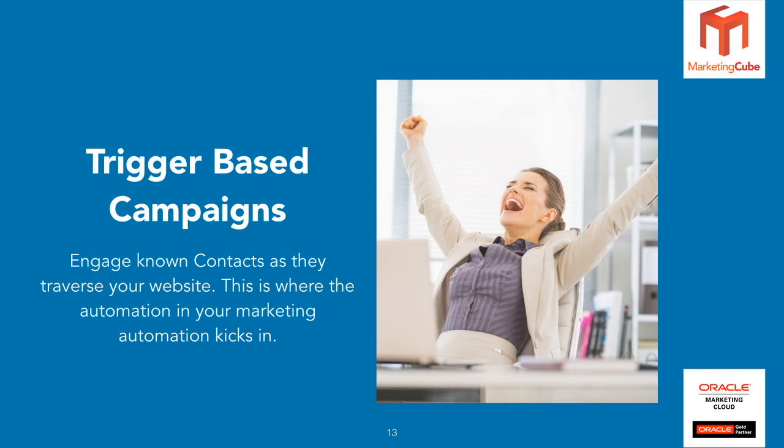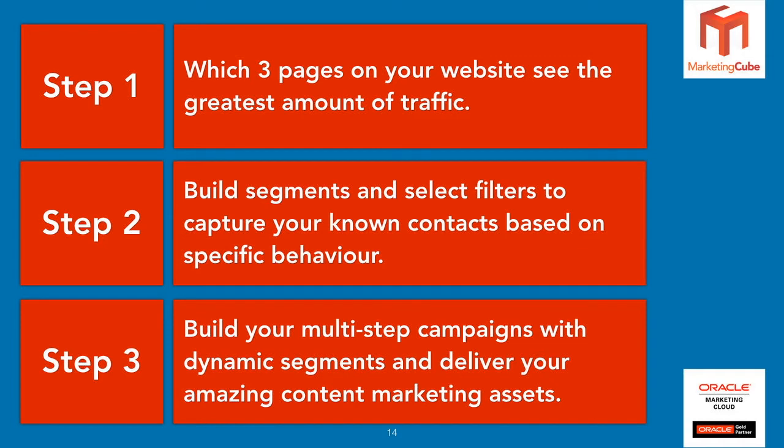So there can be various ways to generate that trigger. So if somebody, for instance, is in your database, they're known to you, they've previously engaged in various campaigns, the trigger-based campaign can send them an email automatically based on certain behavior. So typically, one way I tend to look at it is to look at maybe your website as an example and identify 3 pages potentially on the website.